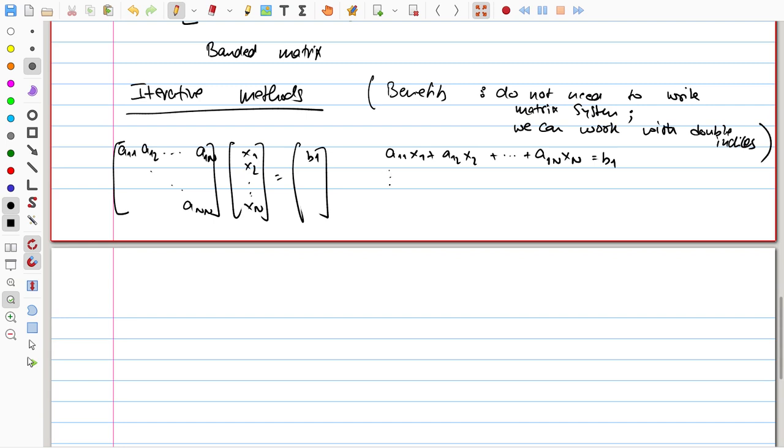So, I will write an arbitrary equation, the pth equation. So, Ap1 x1 plus Ap2 x2 plus there will be a diagonal term App xp, and then we have the last term Apn xn equal to bp, and then so on. So, we have a total of capital N equations here that I want to solve, but this time I do not want to use Gaussian elimination, I want to use an iterative technique.